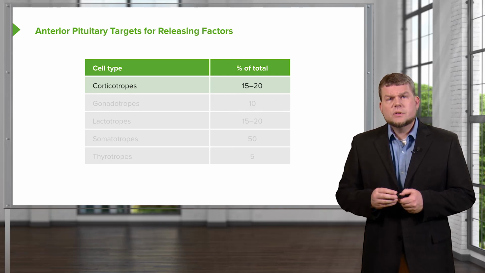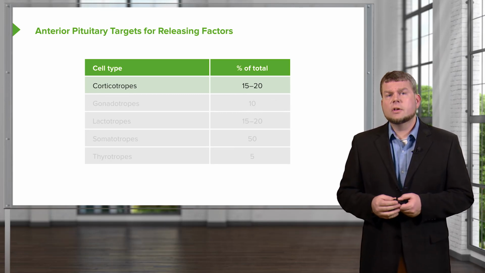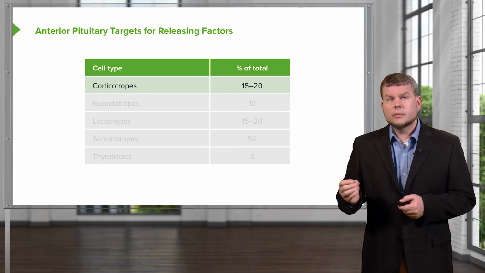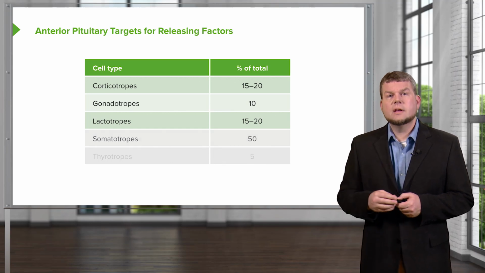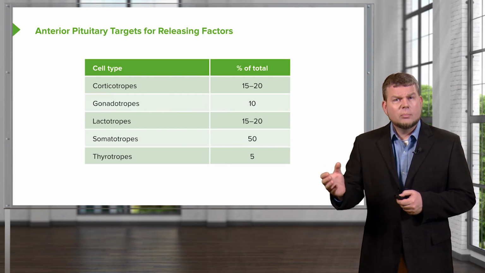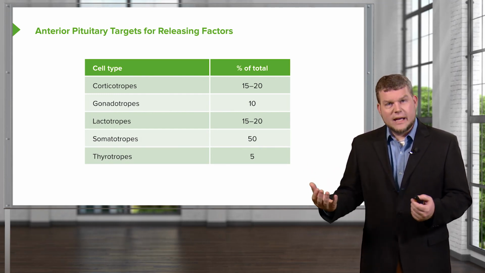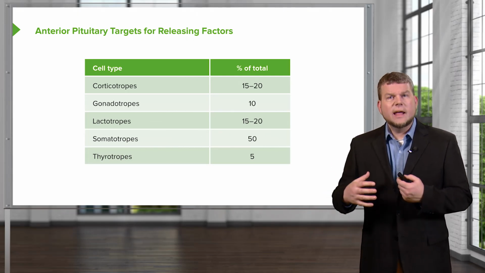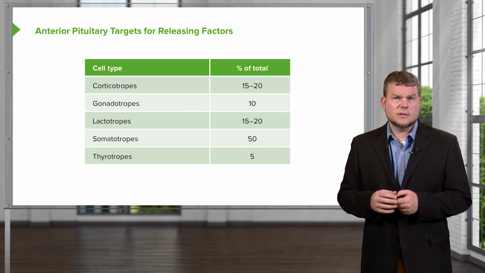Those anterior pituitary targets for these trophic or releasing factors are either corticotropes, gonadotropes, lactotropes, somatotropes, or thyrotropes. The important thing to think about here is what is the cell type, what is it doing, and how is it distributed across all anterior pituitary cells.